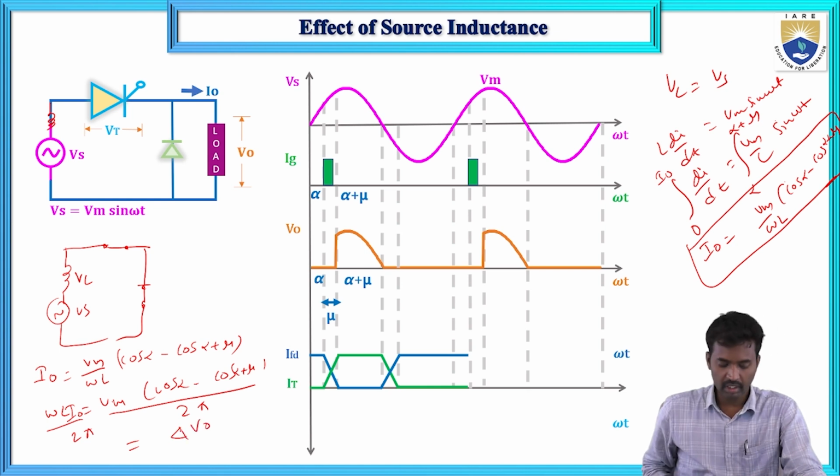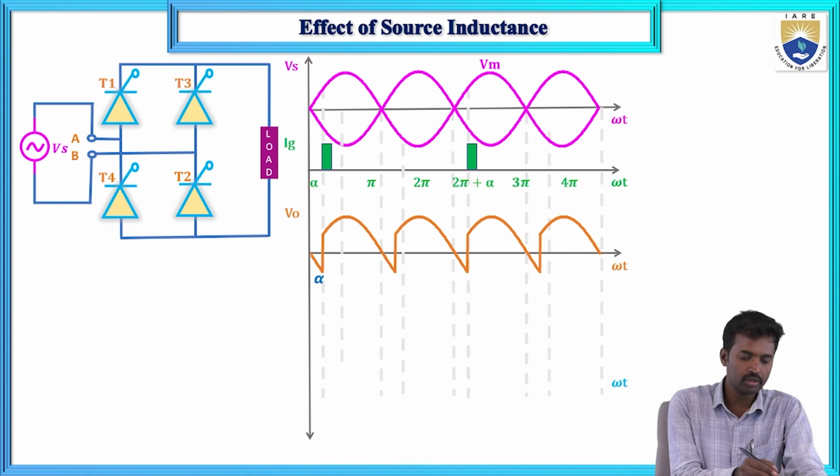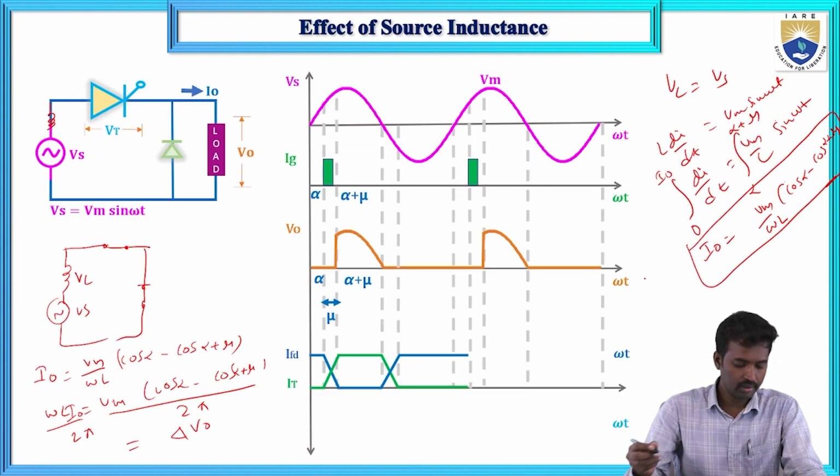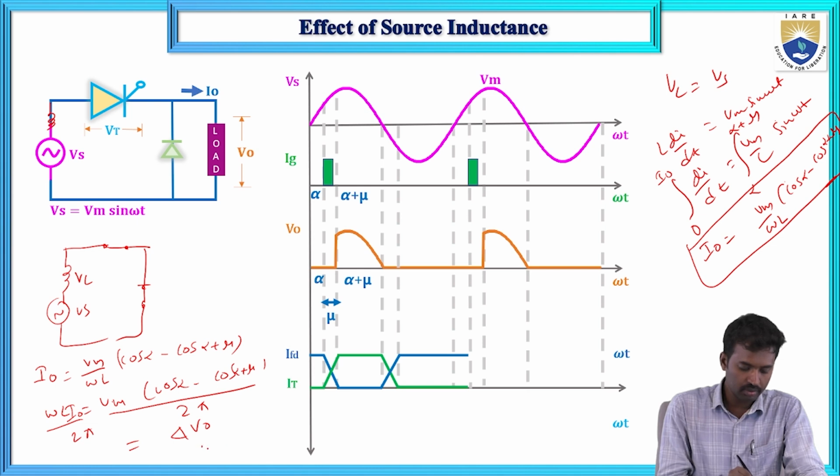Since omega means 2 pi f, we can write delta V naught in terms of f L I naught.